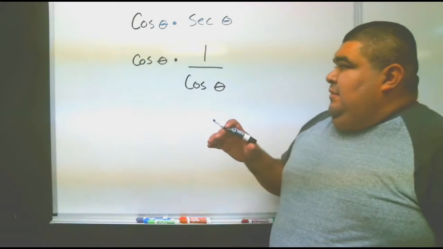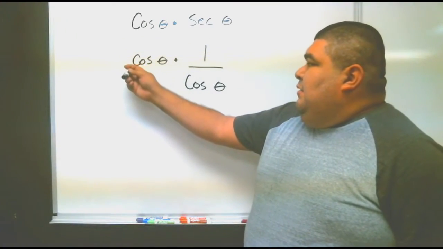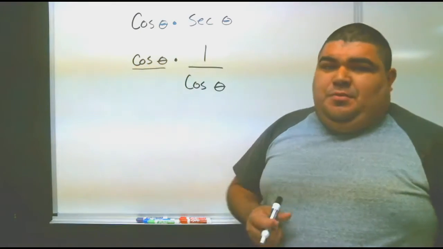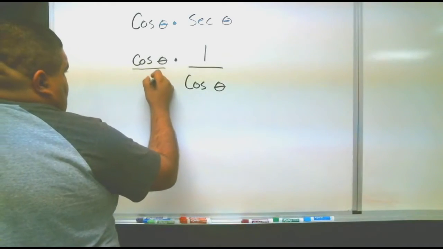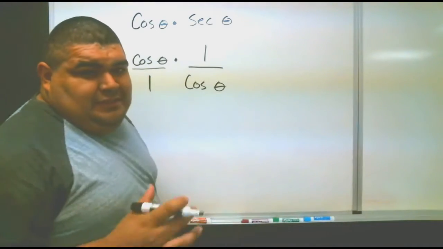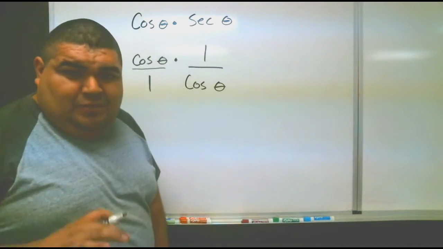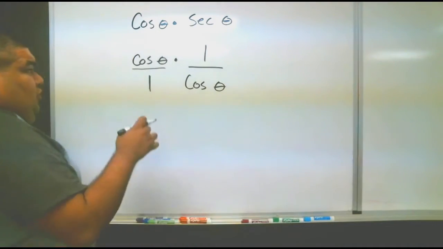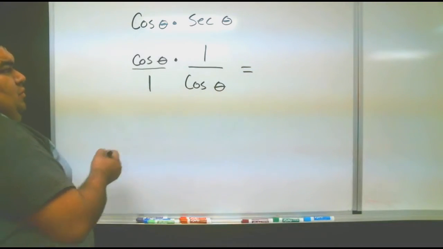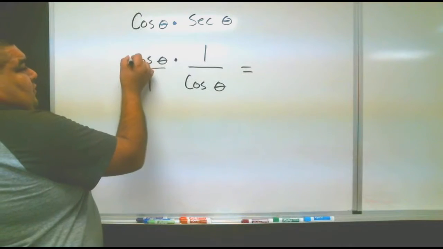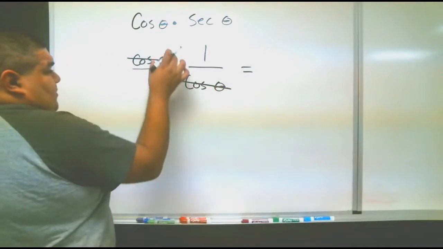Notice that cosine, whenever there's a full number, there is a 1 under. So if we have cosine and we have secant, which the opposite is cosine, notice that we can cancel out cosine on both sides, on the bottom and on top.